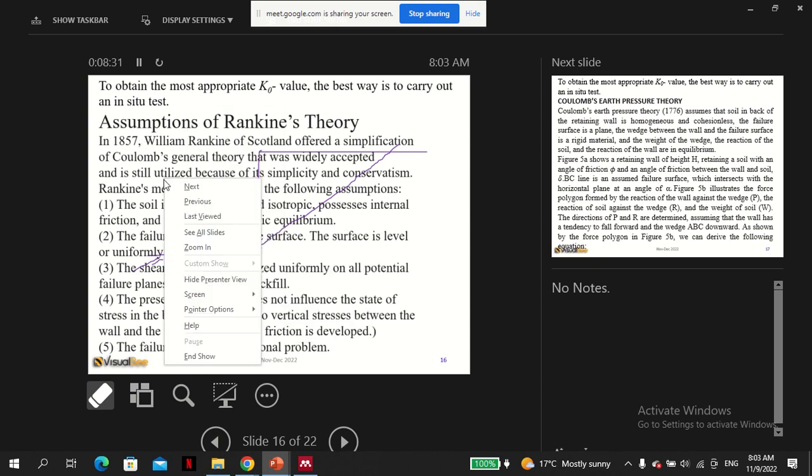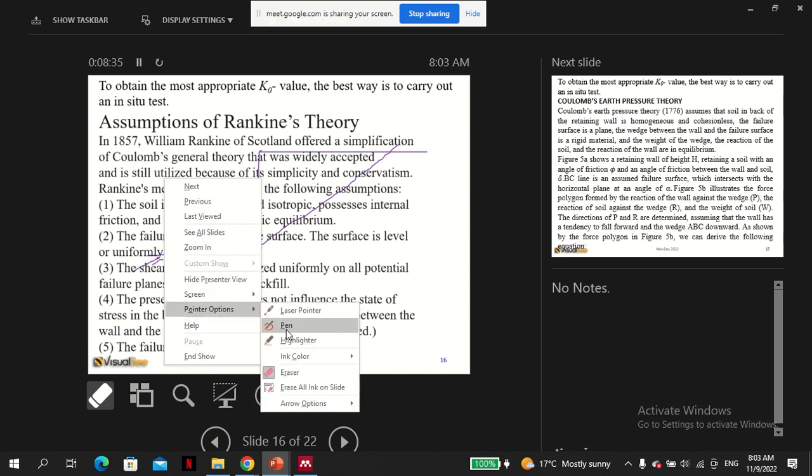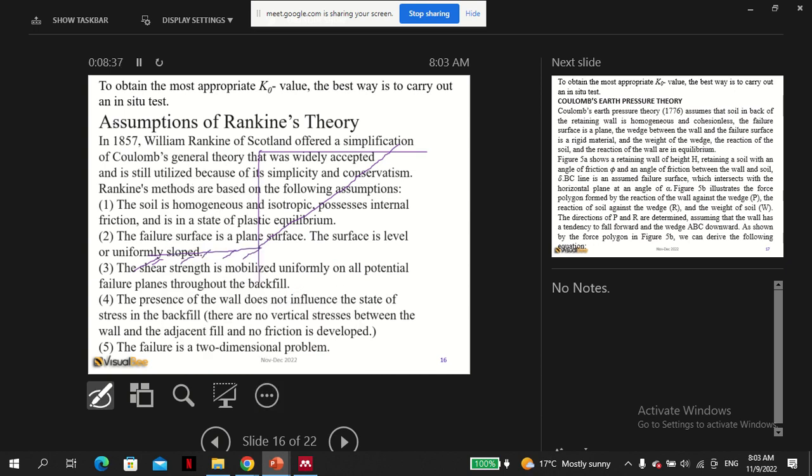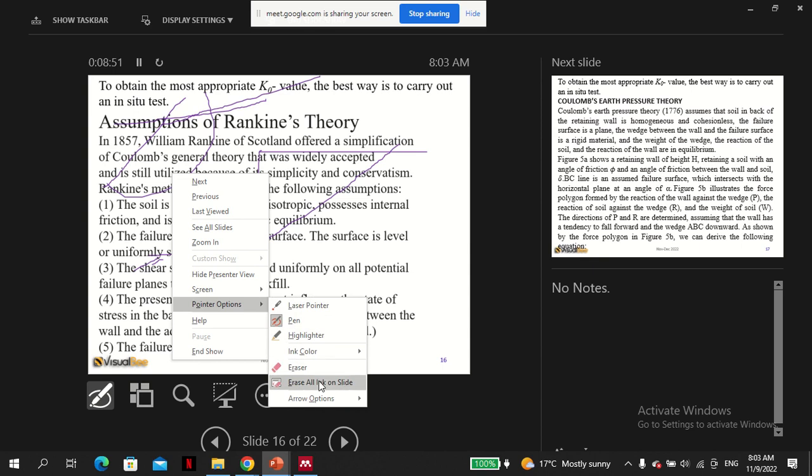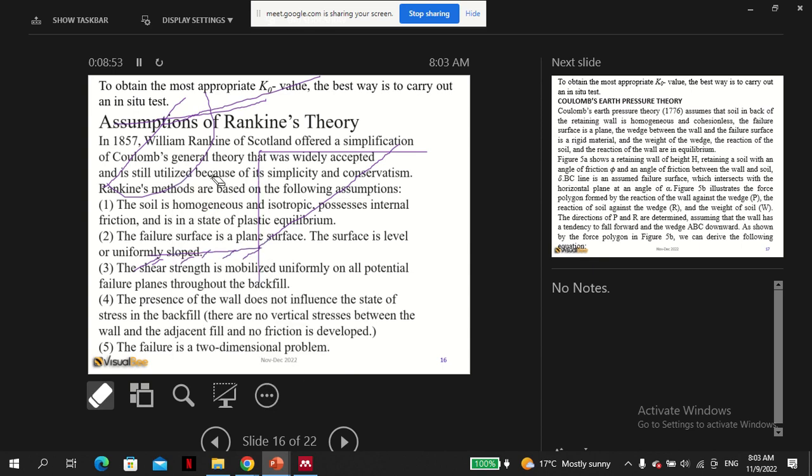If you have a very shallow slope, then this failure might happen. But if you have a steep slope, we know for sure that it is always a kind of slip circle surface. But these are his assumptions.